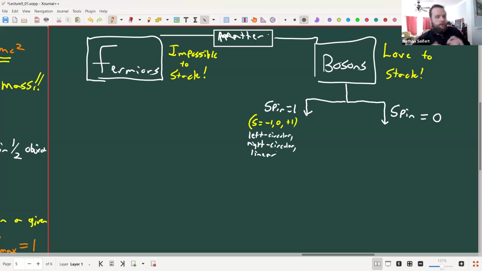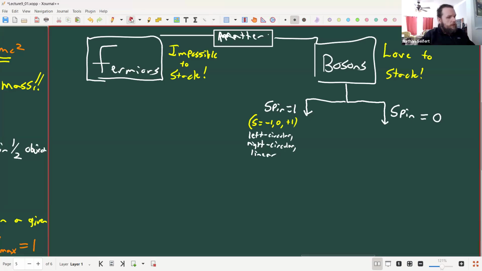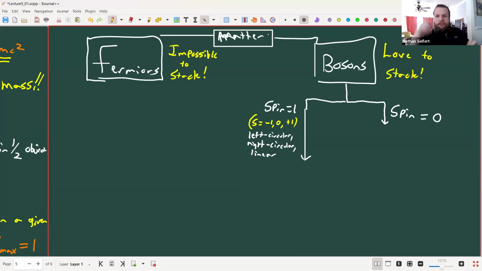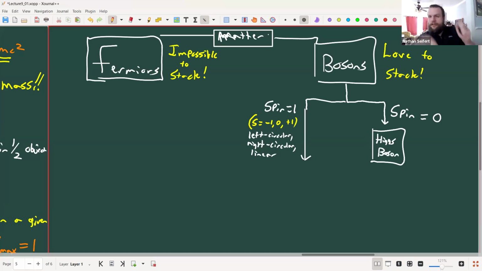There's different types of polarizations, so we call those spins. The polarization math works exactly the same way as spin does. And there's only one spin 0 particle, the Higgs boson. This is the God particle that you discovered in 2012 at the LHC. It turns out it's the thing that kind of ties everything together. We won't worry about that.